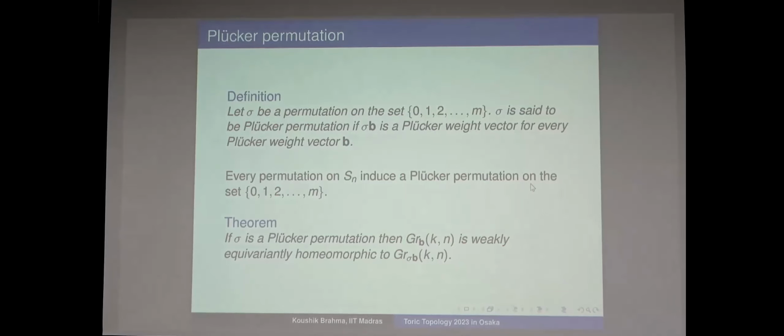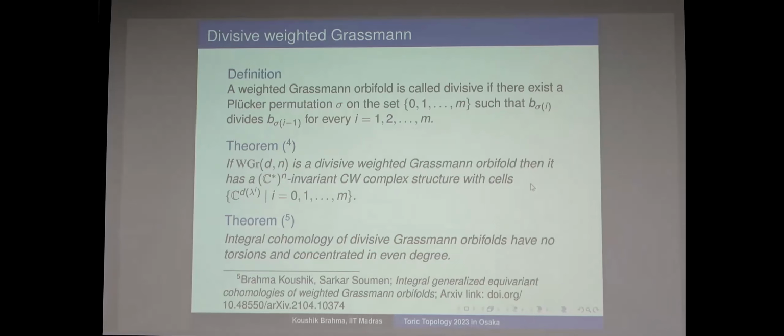We can also have some assumptions such that this weighted Grassmannian has no P torsions for a prime P, but I will not go into the general statement. I will consider a subclass of this weighted Grassmannian, where I can surely say that for any P, it has no torsions.